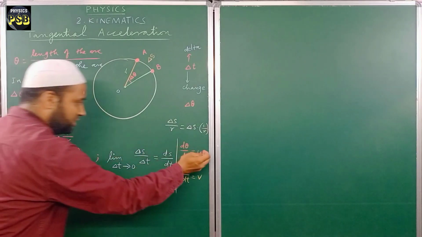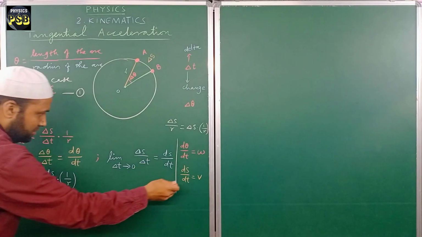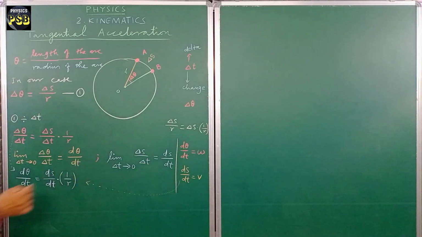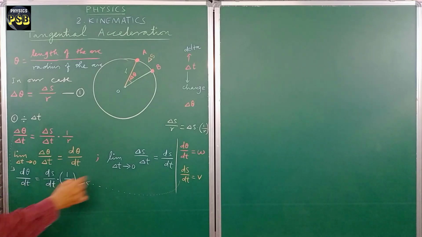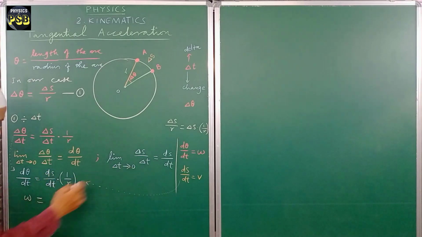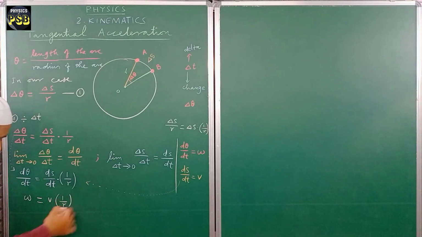Clear? This is angular velocity, this is linear velocity. So by keeping these things in mind, I get a new form of the equation. In the place of d theta upon dt, I write omega, which is equal to ds upon dt, that is v, and here I have 1 upon r.